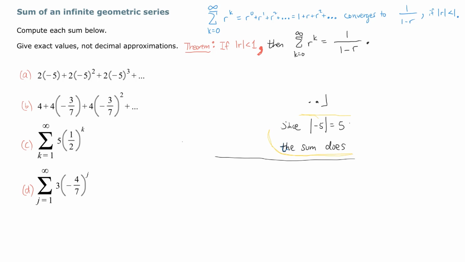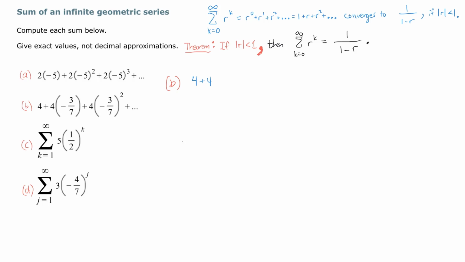Example B is very similar. Can you see a greatest common factor from all those infinite terms? I'm going to first recopy the problem. So 4 plus 4 times negative 3/7 plus 4 times negative 3/7 squared plus three dots.